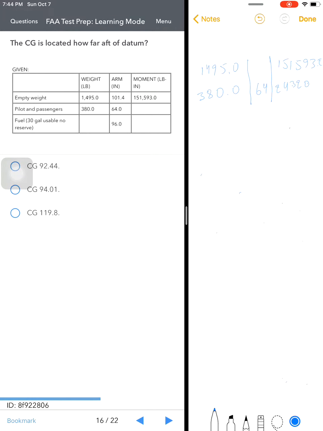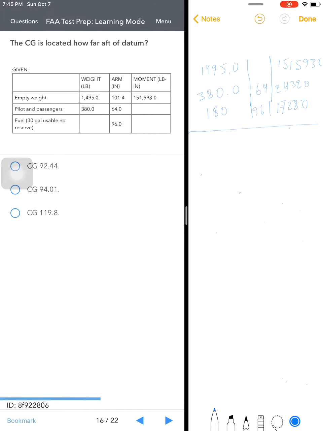This is the moment. And then we add fuel, 30 gallons, 180 pounds, multiplied by arm 96, which is 17,280. So that's what you got, right?